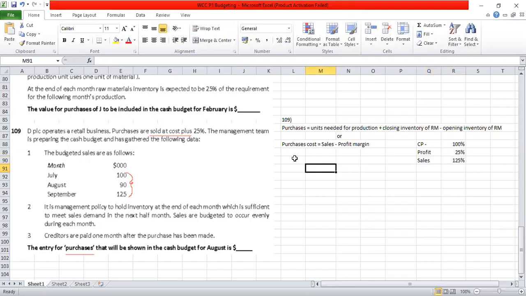So now let's calculate what is the purchase cost. That is how we have to calculate. For the month of August, it is 90. If 90 is 125%, 100% is how much?